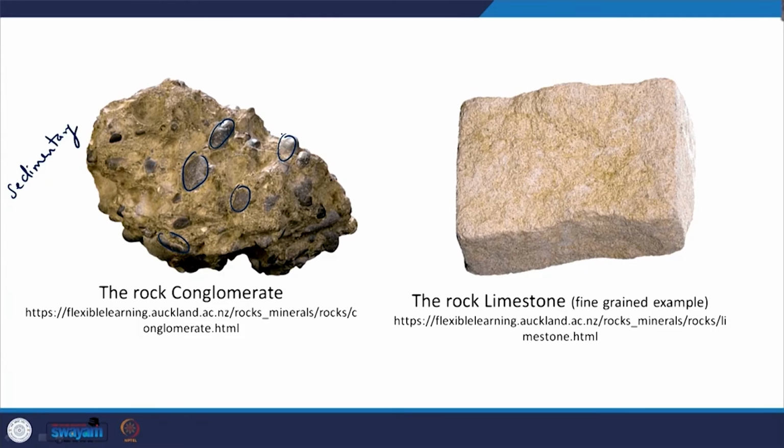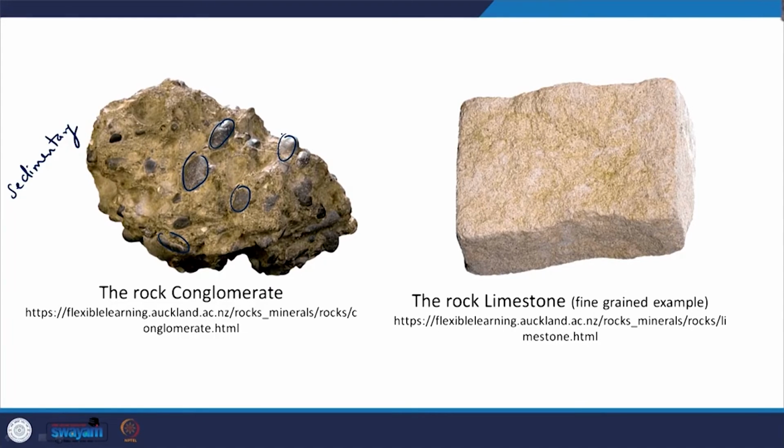The cement that binds the clasts is generally one of either calcite, silica or iron oxide. The matrix can consist solely of the cementing material, but it may also contain sand or silt size clasts cemented together among the coarser clasts.